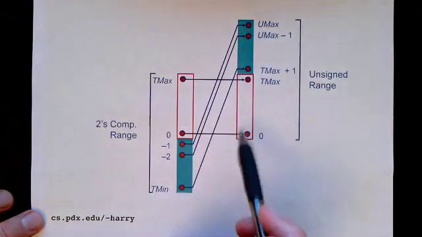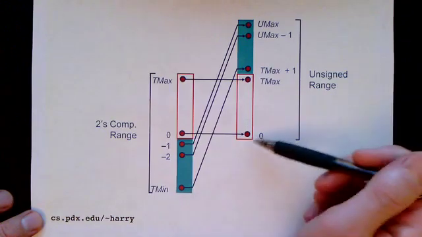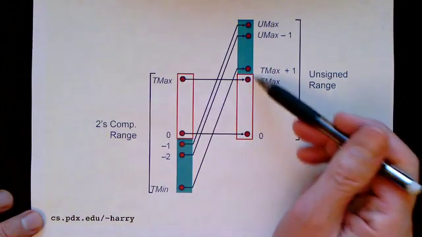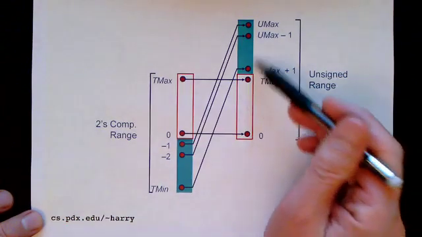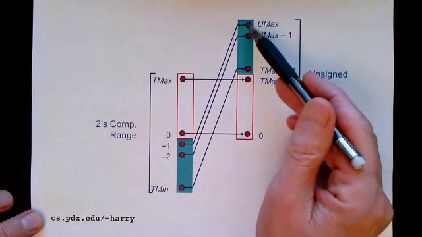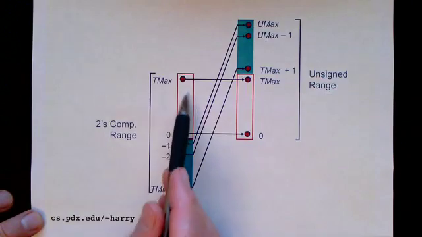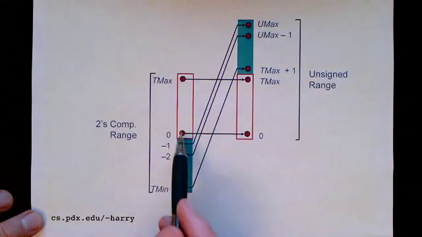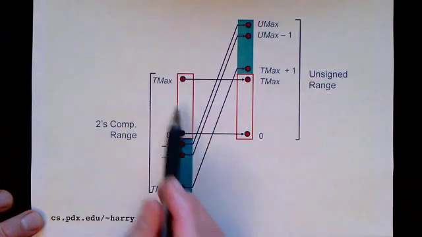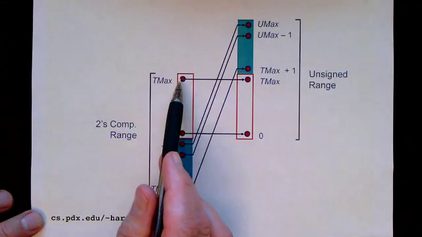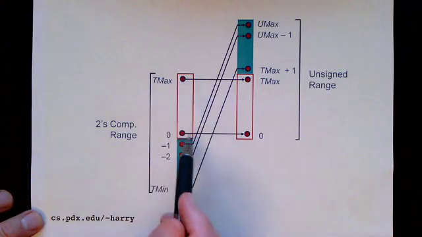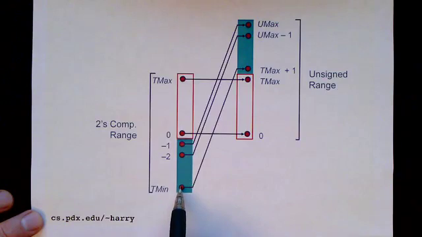So we have 0 and a bunch of positive numbers, increasing all the way up to some maximum number. Now let's look over at the signed side. We have 0, and we have positive numbers that go up to some maximum, and we have negative numbers that go down to some minimum number.